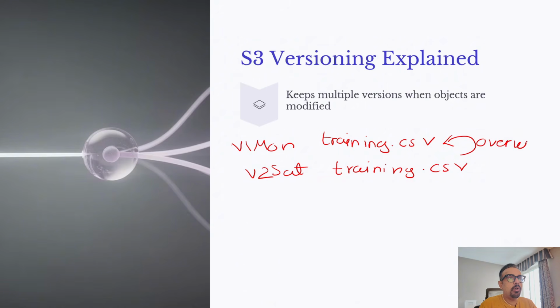Instead of overwriting, it will create another version, and this new version will have a unique ID based on which you can differentiate what exactly has been changed. So these are the recent changes based on the versioning.